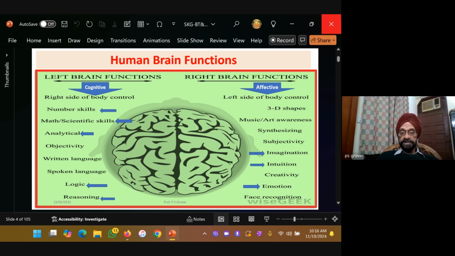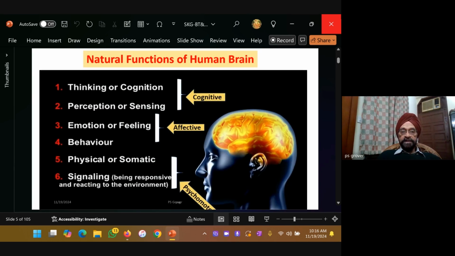Our nature has given us cognitive abilities. Nature has given us affective abilities. Affective means emotions, values. Cognitive implies mental. And the natural functions of the human brain are thinking or cognition, perception or sensing, that is cognitive.